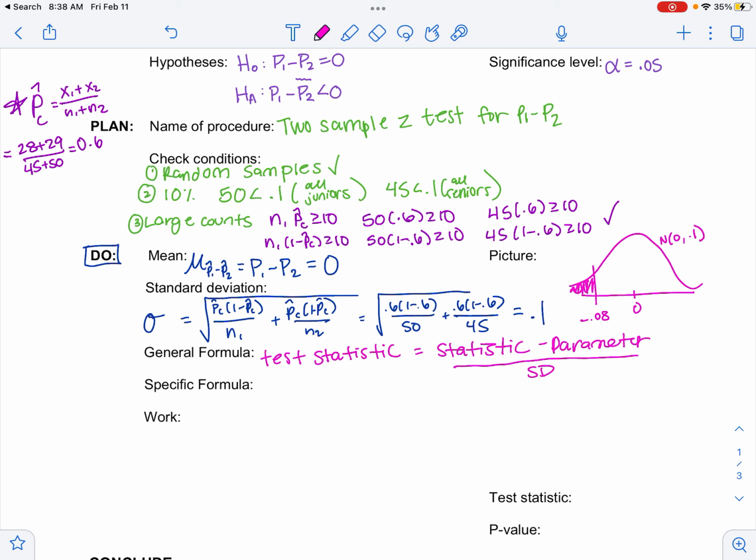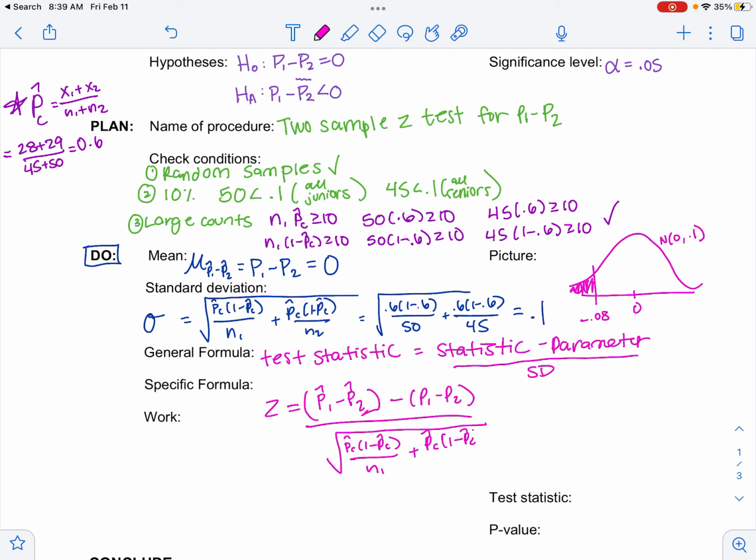My specific formula: z equals p hat 1 minus p hat 2 minus p1 minus p2 over the standard deviation, which is the square root of p hat combined times 1 minus p hat combined over n1 plus p hat combined times 1 minus p hat combined over n2.